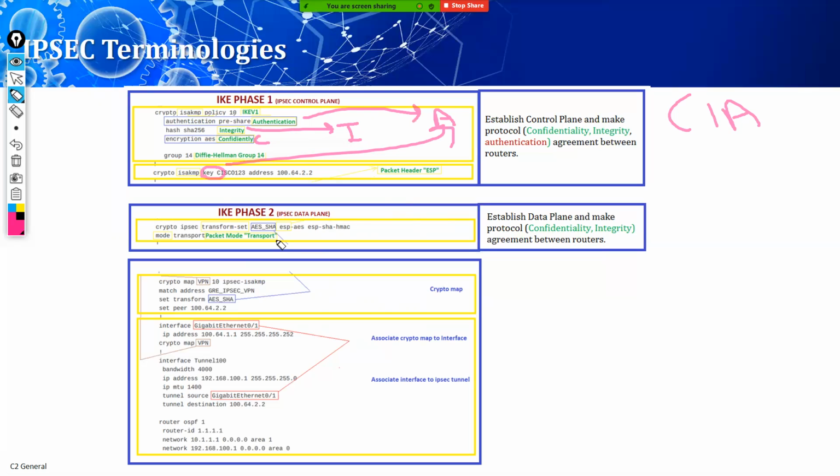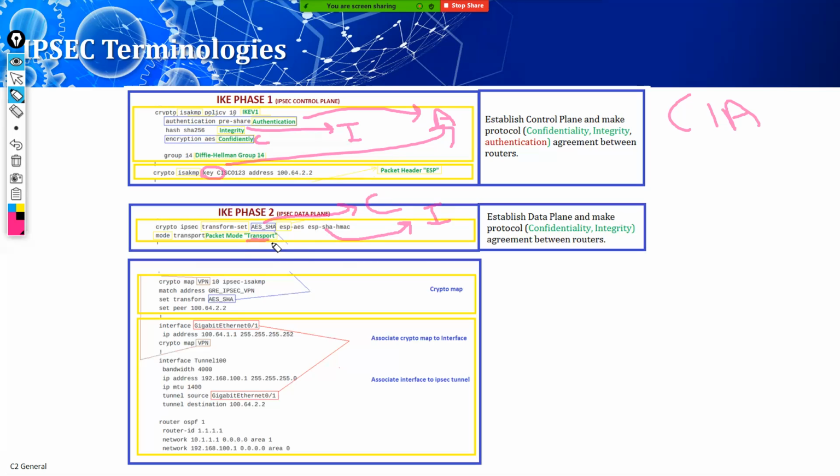In phase two, this is encryption, which is basically C, and this is ESP SHA HMAC, hashing, which is integrity. Then you see here we are using the transport mode.